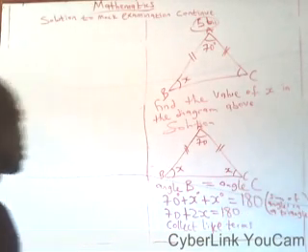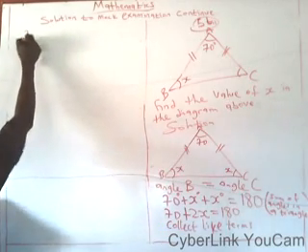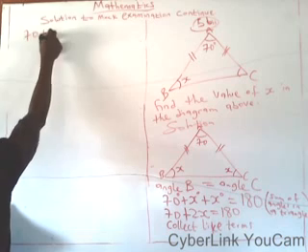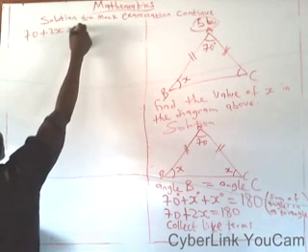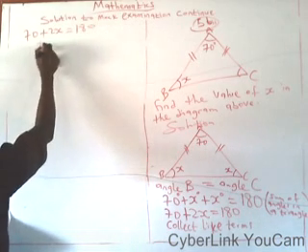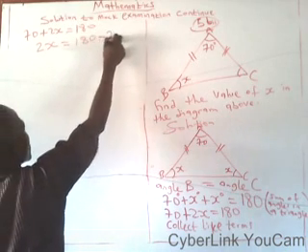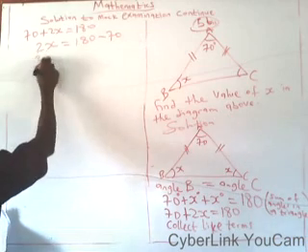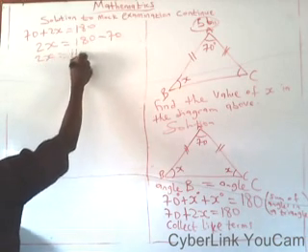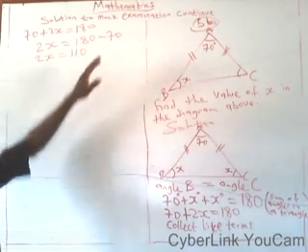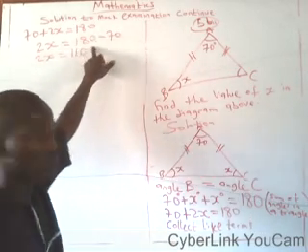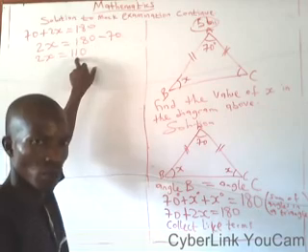We have 70 plus 2x is equal to 180. We are now going to write it as 2x is equal to 180 minus 70. Now 2x is equal to 110, because if you subtract 70 from 180, you are going to arrive at 110.